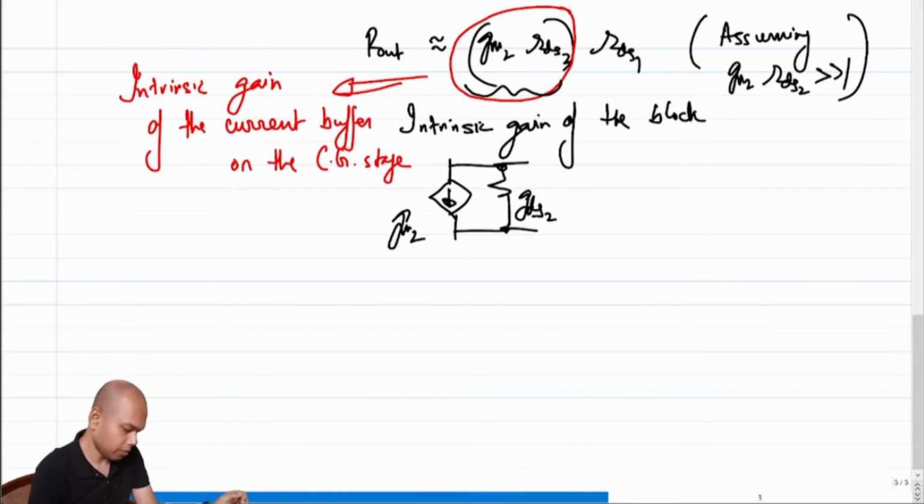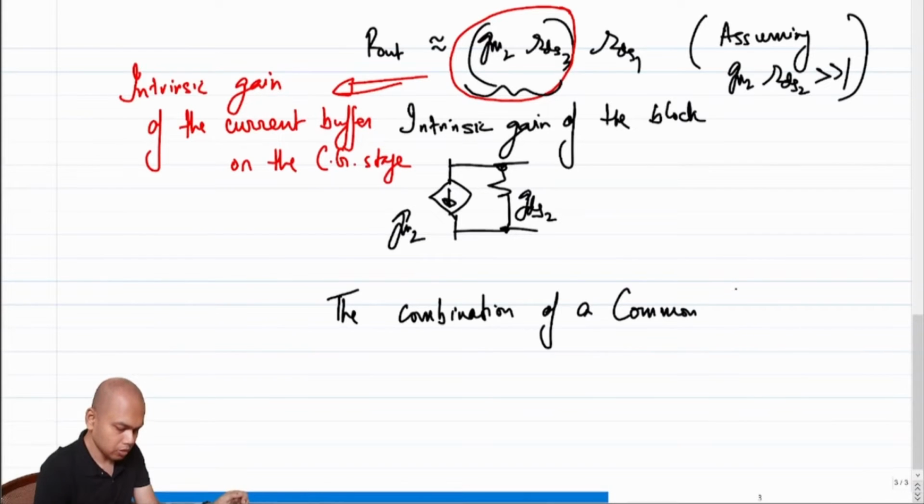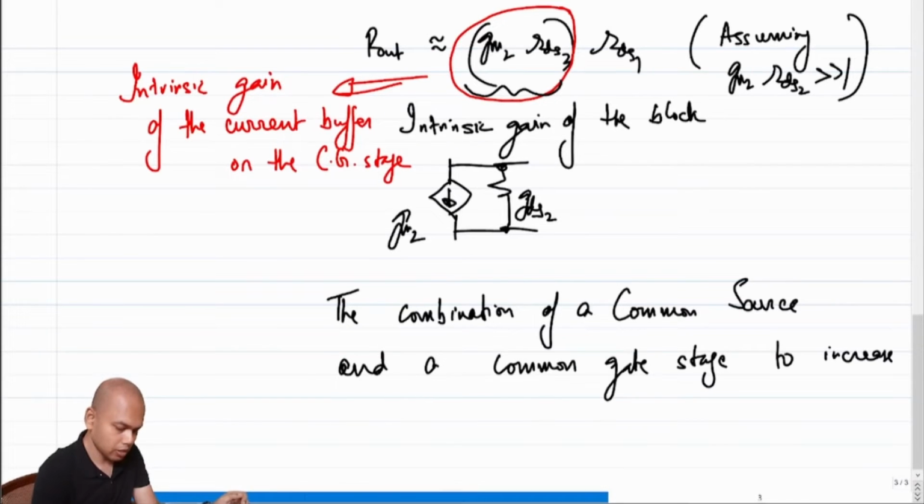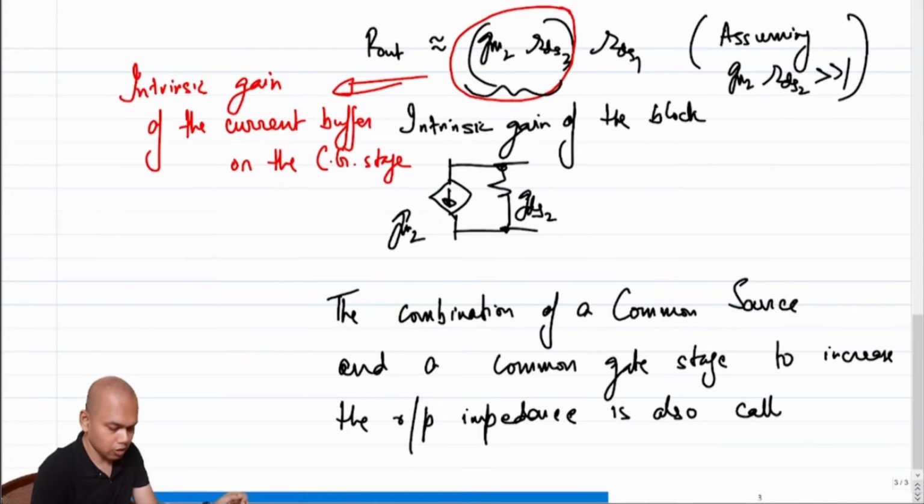So this is also called, let me use a different page to talk about this. This current buffer, the combination of a common source and a common gate stage to increase the output impedance, is also called a cascode configuration.